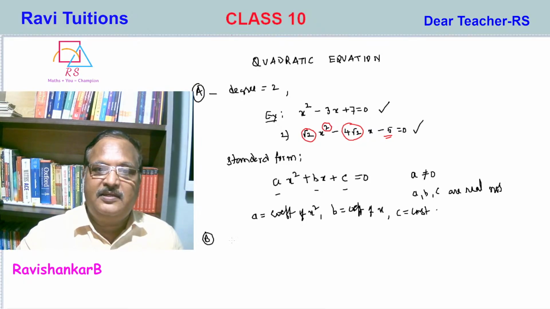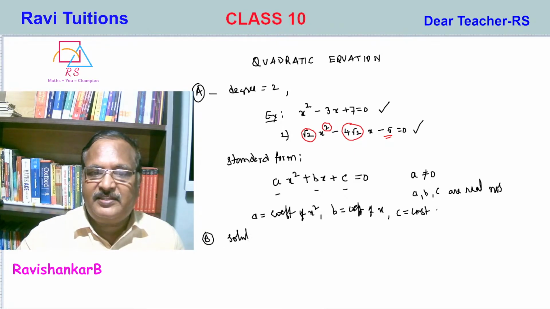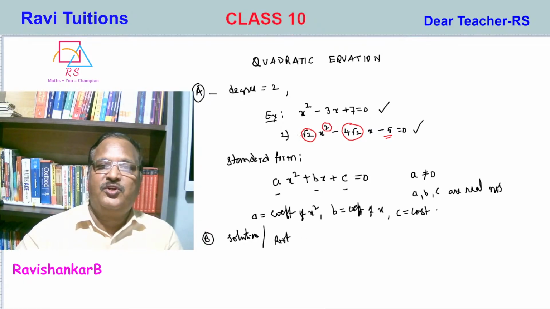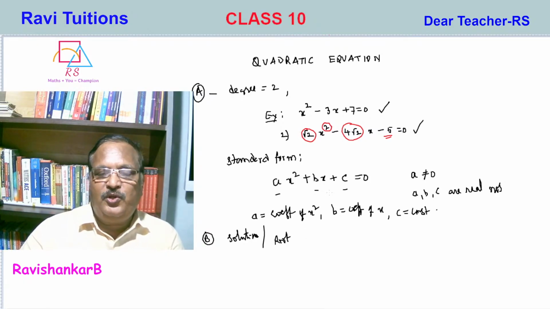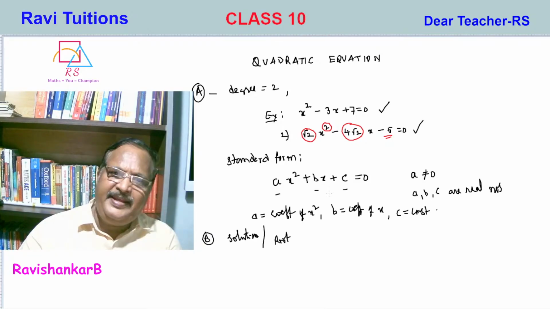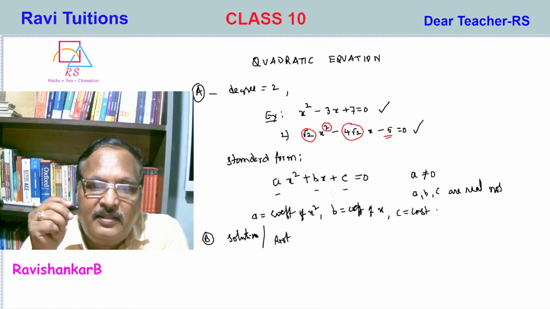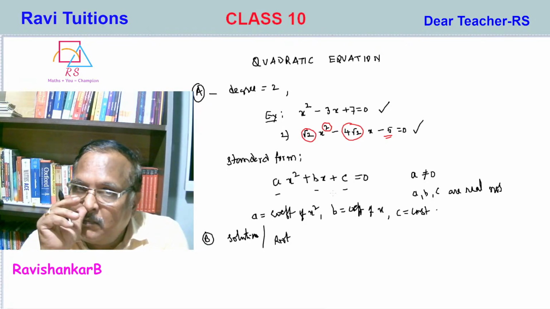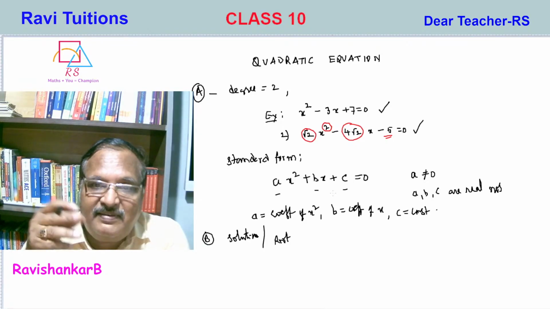Now, the solution of the equation. Every equation will have a solution or root. What is the solution of a quadratic equation? The solution of any equation is very simple: the value of the variable at which the equation gets satisfied is the solution.